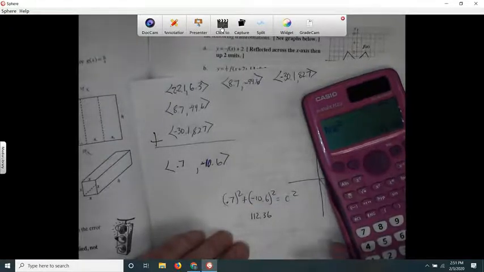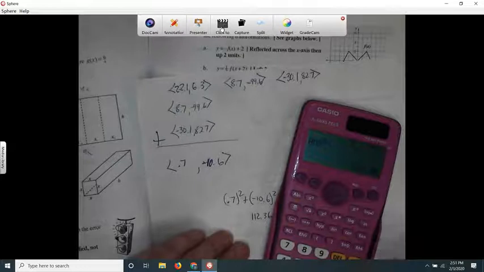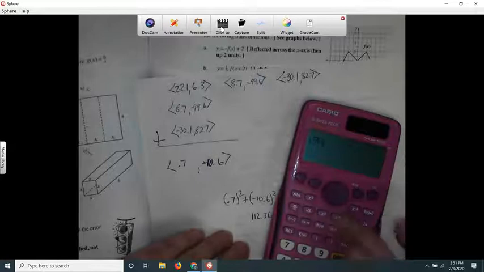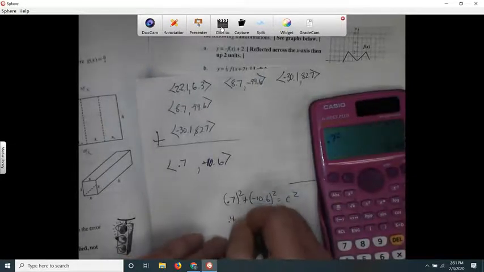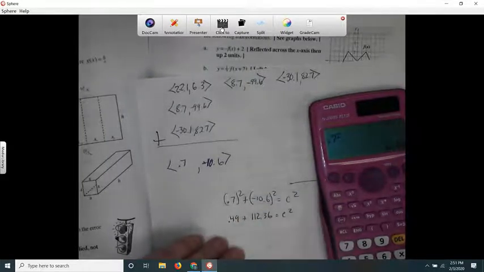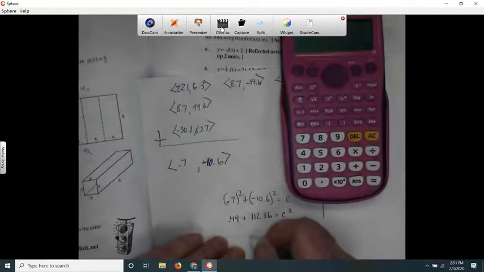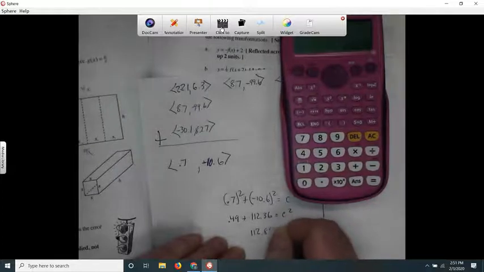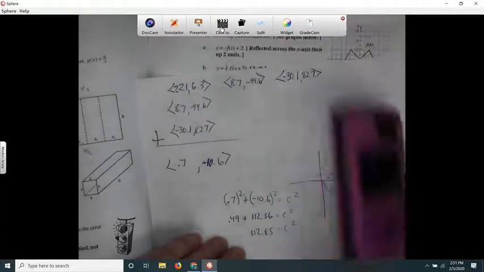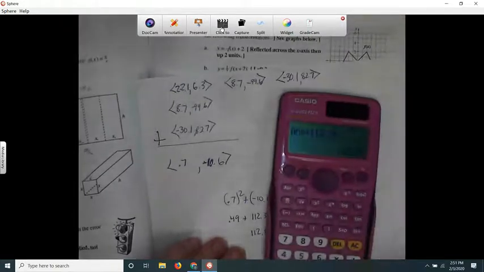0.7 squared is 0.49 equals c squared, and then 0.49 plus 112.36. Is that 112.85? Equals c squared, and then I would square root it.